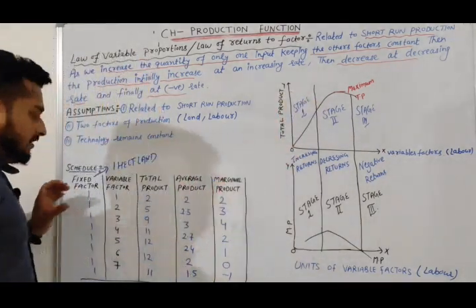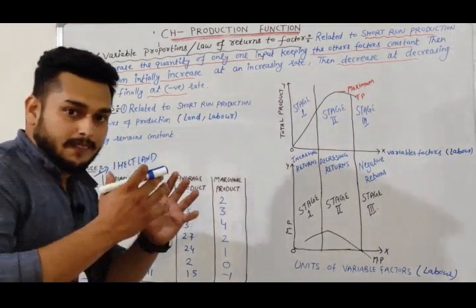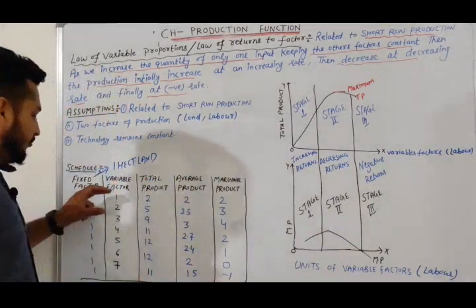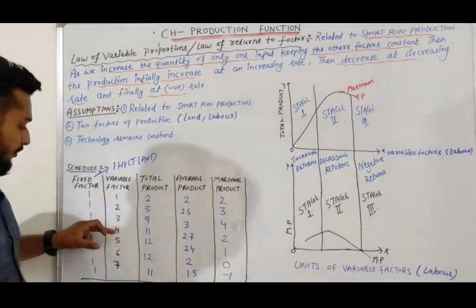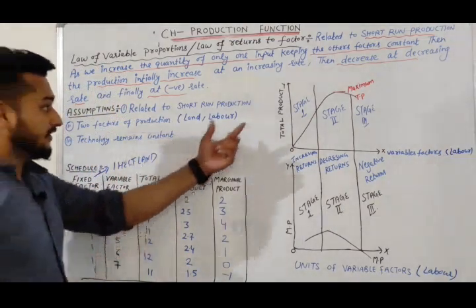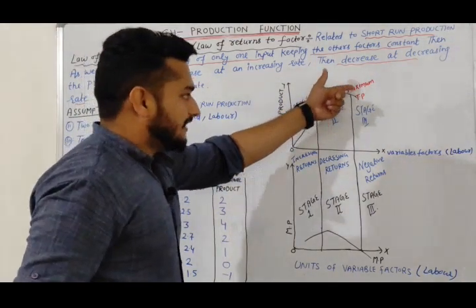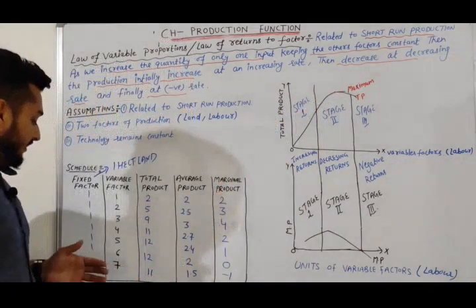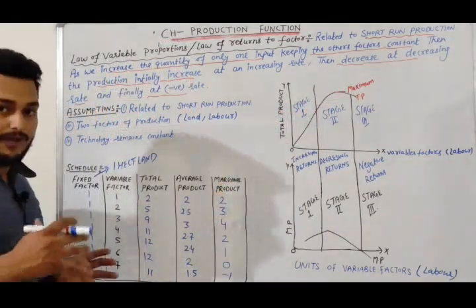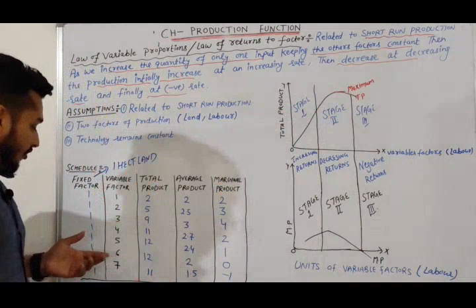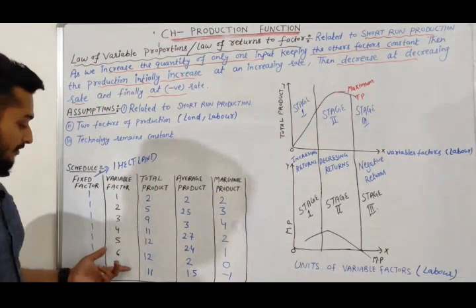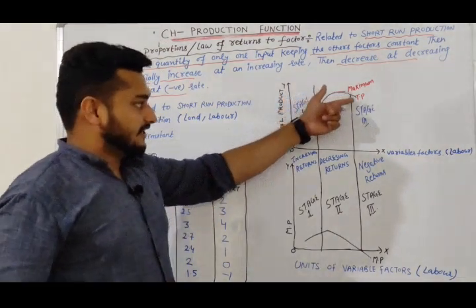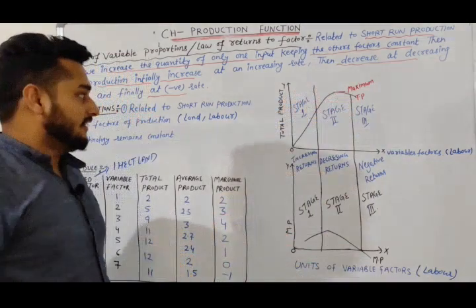When we increase the labor on the fixed factor from 1 to 2, 2 to 3, 3 to 4, it is increasing. Our total product is maximum at this point. And when we increase our labor from 6 to 7, it starts decreasing. Our total product starts decreasing.